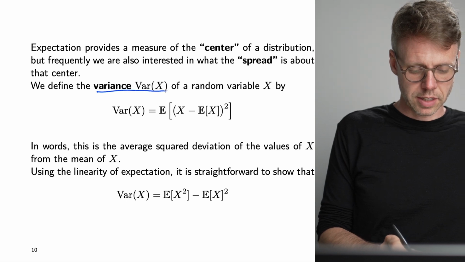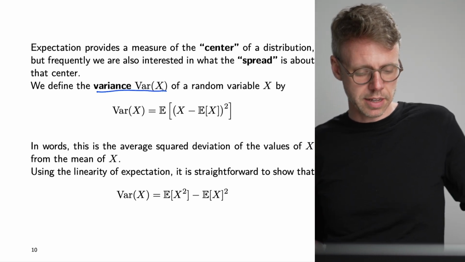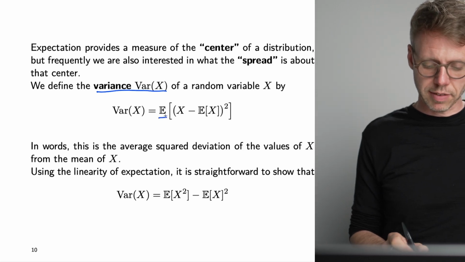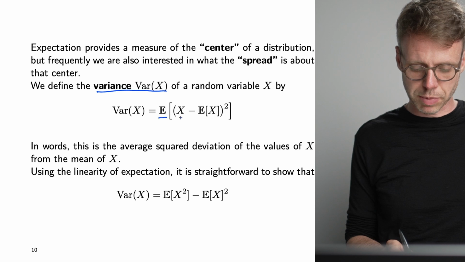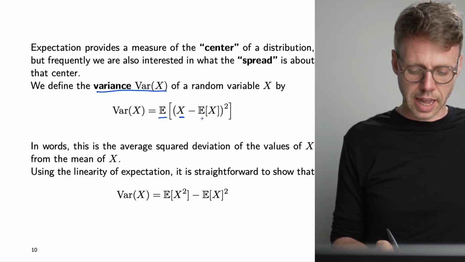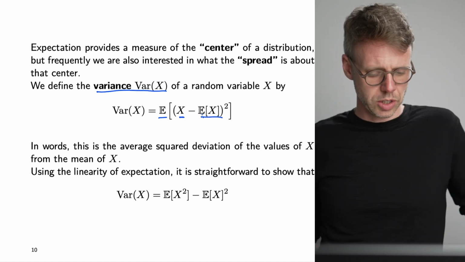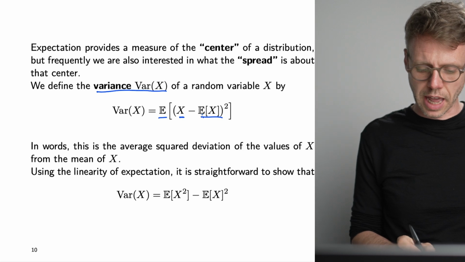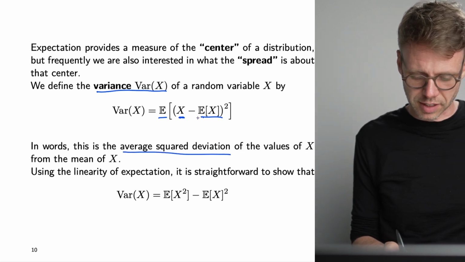The variance var of a random variable x is defined by, again, an expected value of the square of the difference between x, the random variable itself, and its expectation. So we're taking an average squared deviation.